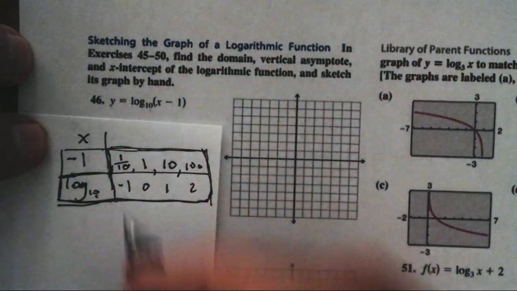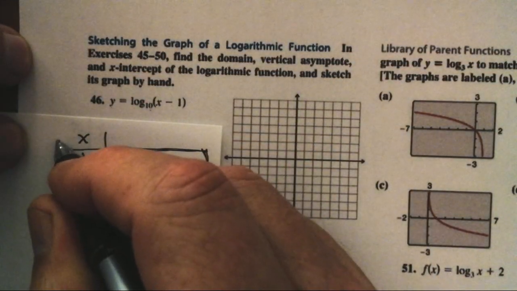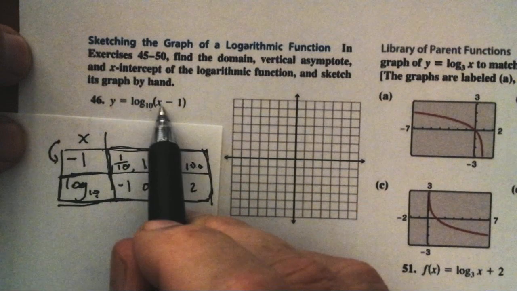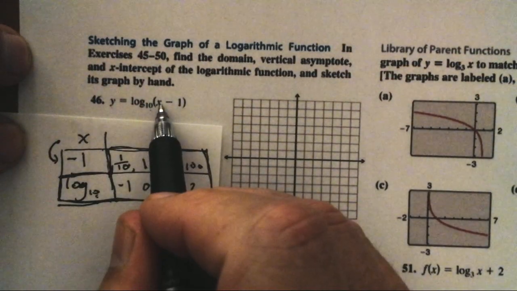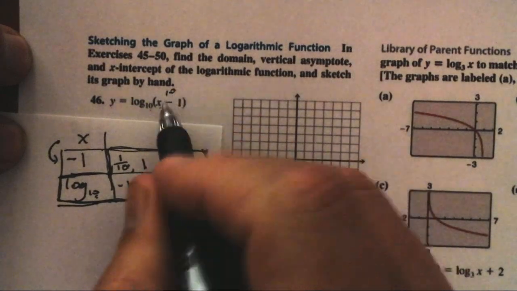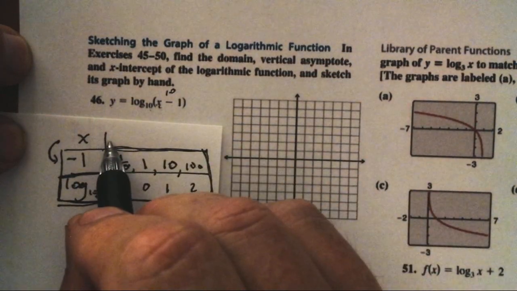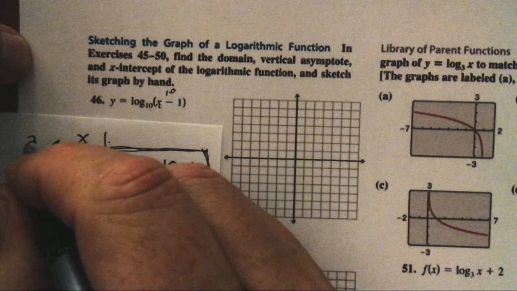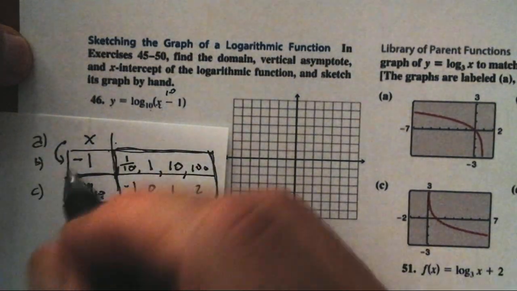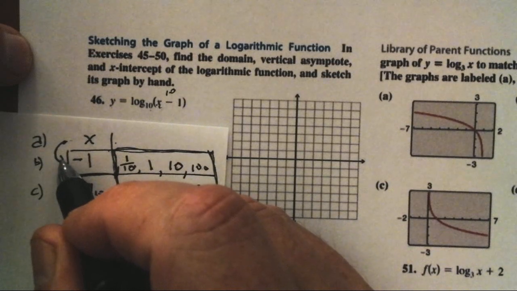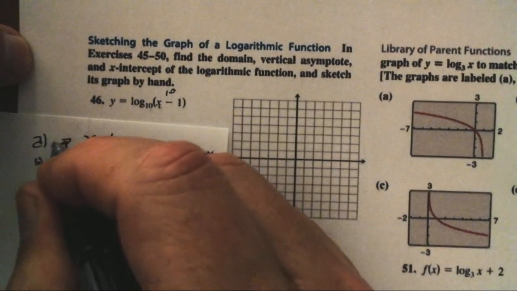Okay. Now, I choose a value for x, then I subtract 1. But remember, in order to get a value of 10 in here, I had to choose 11 for x. So if I call this row A, row B, row C, as I move from A to B, I subtract 1. So as I move backwards, I need to add 1.